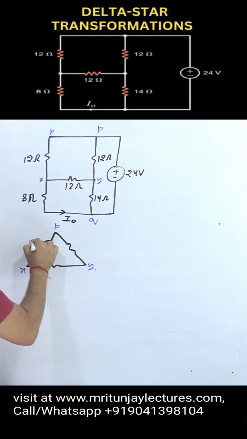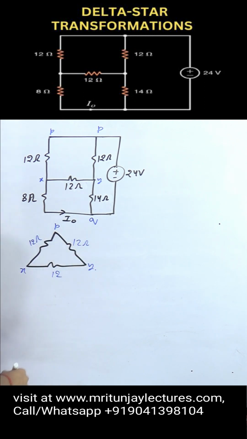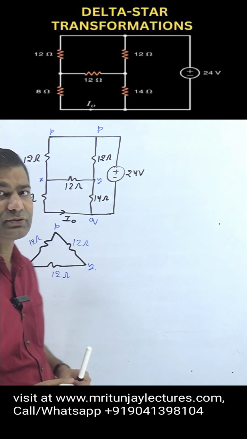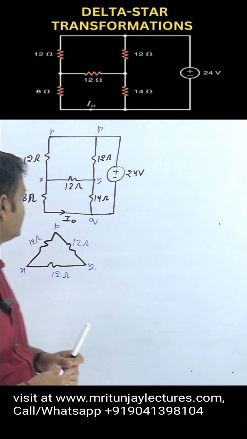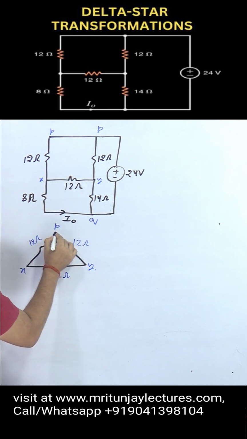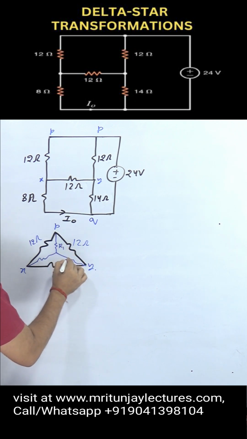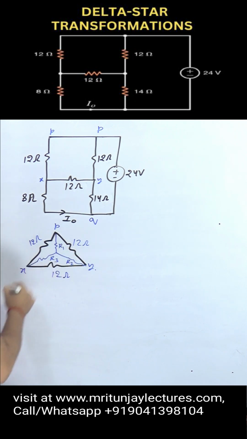That is 12 ohm, here 12 ohm and here 12 ohm, clear? So how can we resolve? If this one is converted into star, here R1, here R2, here R3.